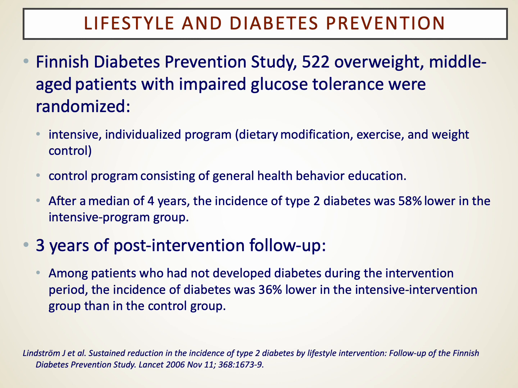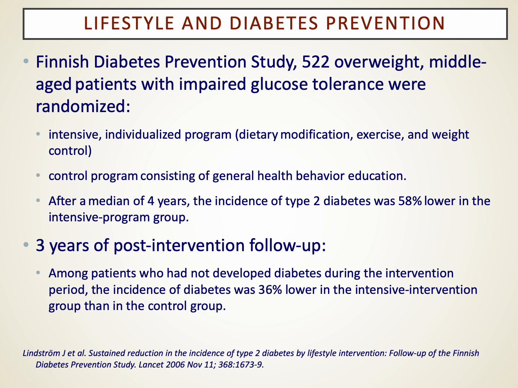So lots of data over the last few decades regarding prevention of diabetes, and really good solid data that suggests that for patients who lose a good amount of weight, they reduce their risk for developing diabetes by 50% or more.